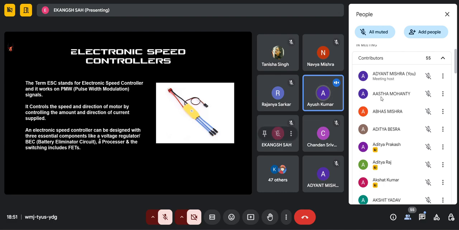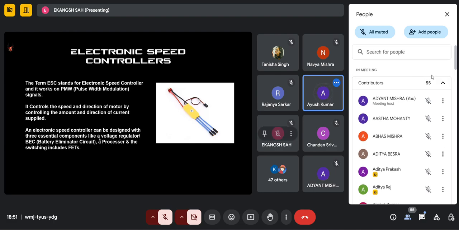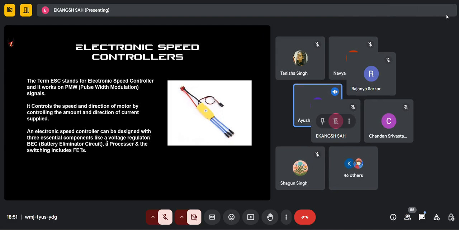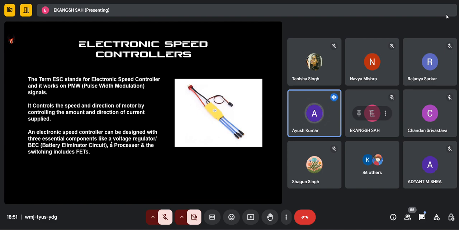Then it has a processor or microcontroller which commands the FETs, or the transistors, to switch on or off based on the sequence of the currents in order to flow in the motor winding. Now, next slide.